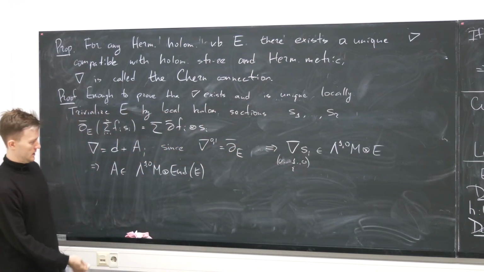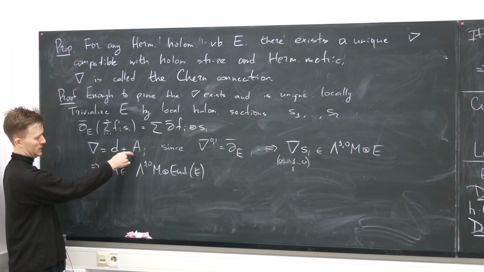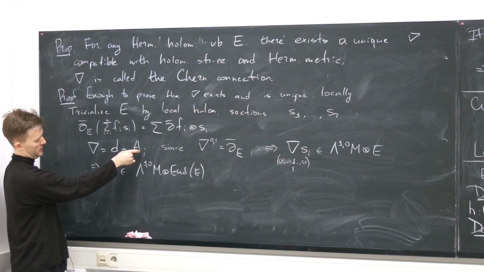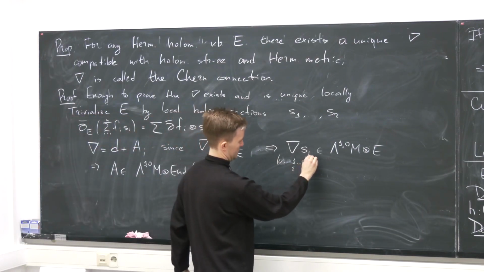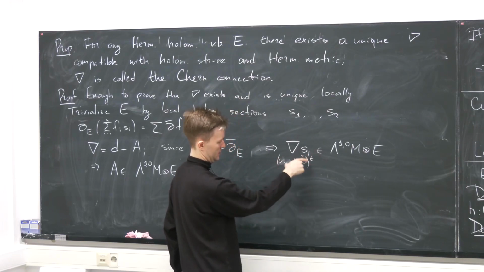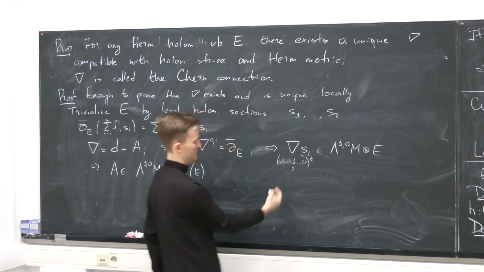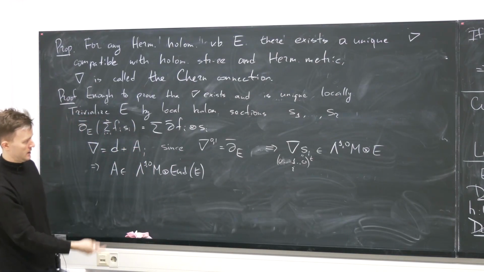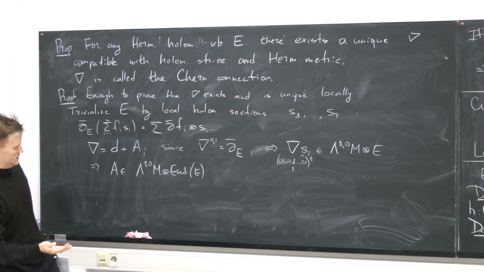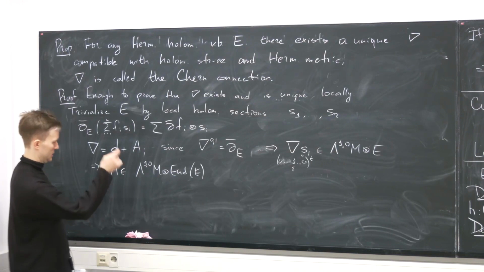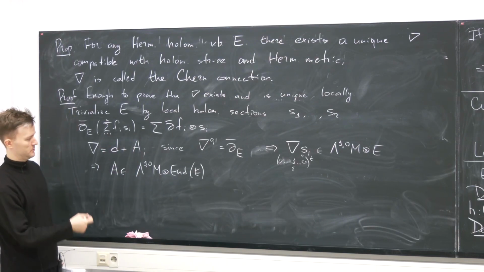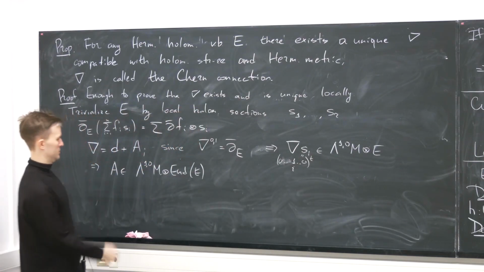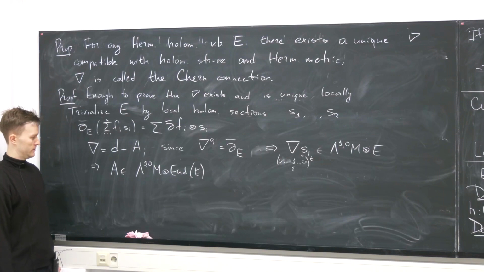Then the differential of such a thing is 0, and this is Si, so in coordinates it's a column of this form. I just multiply A by this column, and I get a column of this matrix A, and the condition is that it consists of 1,0 forms. So that's exactly what is written here: all elements are of type 1,0.